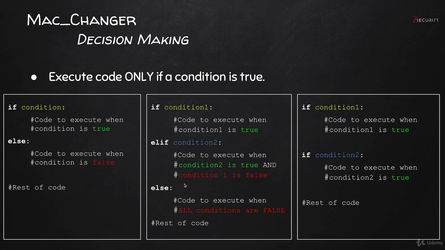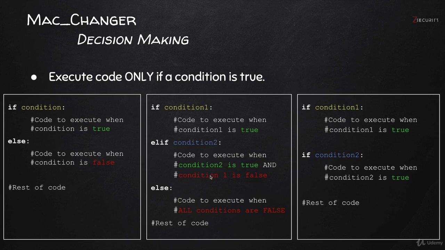So let's go over this one more time. In this statement, we have multiple conditions. It'll first check the first condition. If it's true, it'll execute the code in the first condition block, and it'll exit everything else. It won't check any of this, and it'll go directly to the rest of the code. If condition 1 is false, it'll check if condition 2 is true.